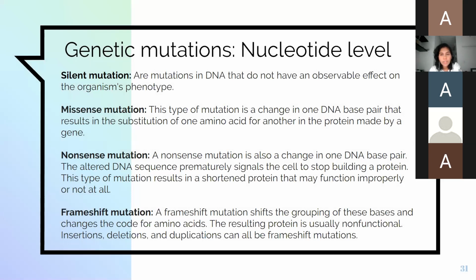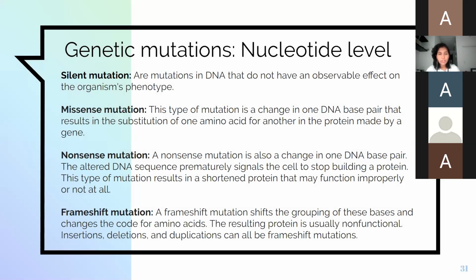A silent mutation is a mutation in your DNA that doesn't have an effect. It really causes nothing, and there's no problem with a silent mutation because it doesn't change the organism's phenotype. Then you have a missense mutation.